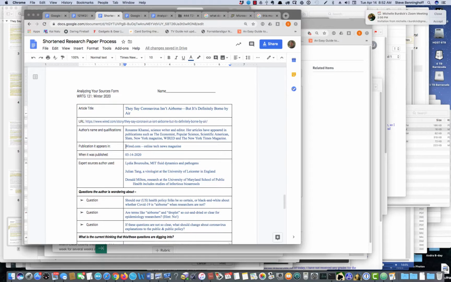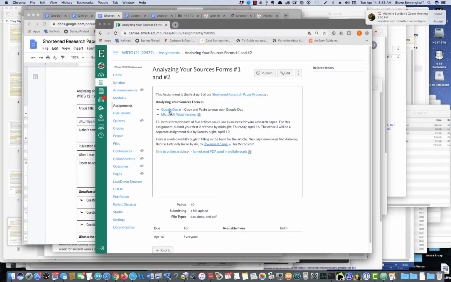So the first 2 of these are due Thursday night, so try to get your first 2 pieces together to get this form, and the form is linked into the assignment in multiple ways. There's a Google Doc version that you can copy and paste into your own Google Doc.